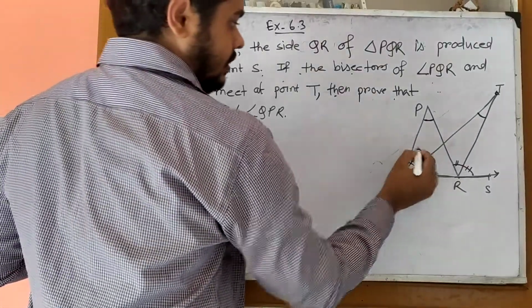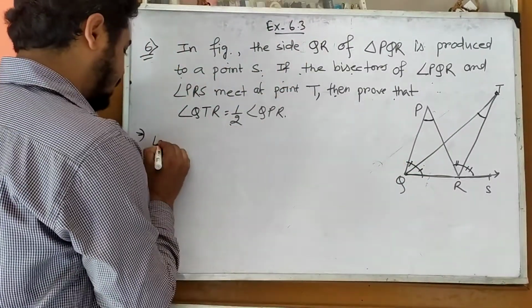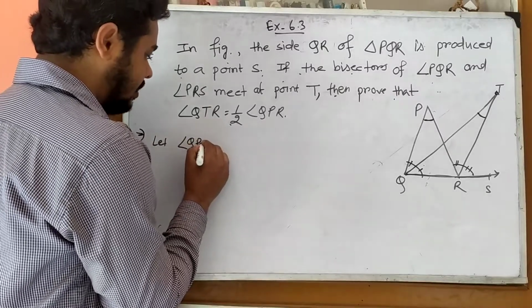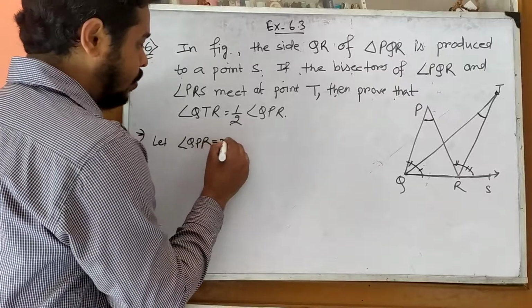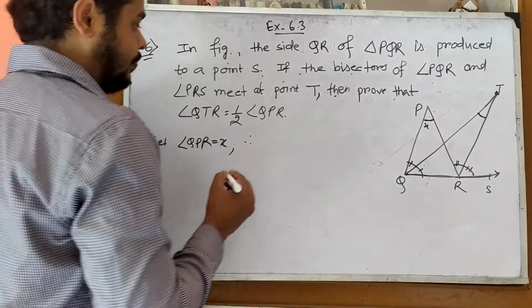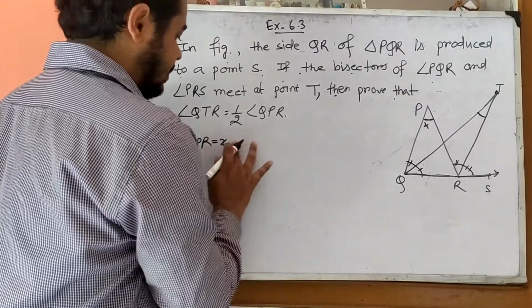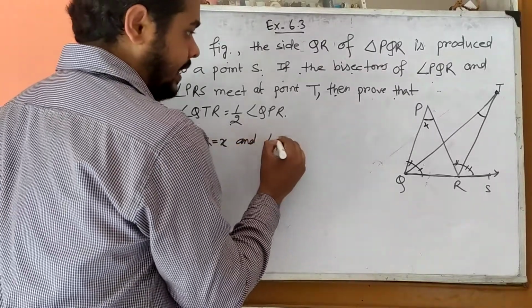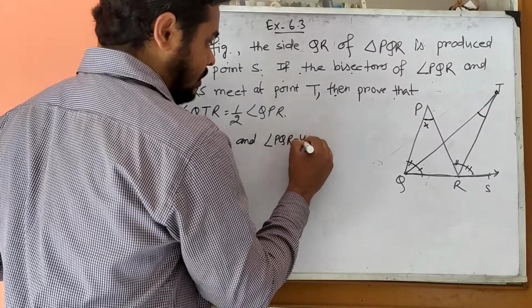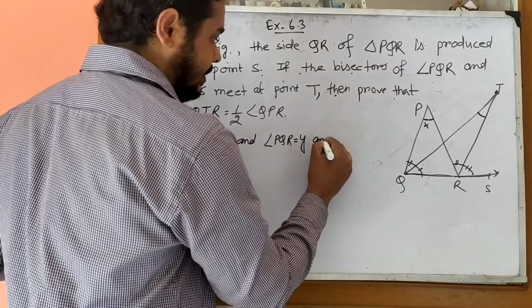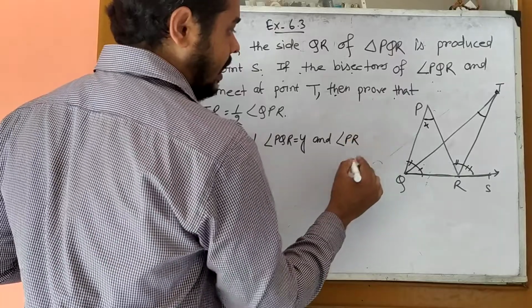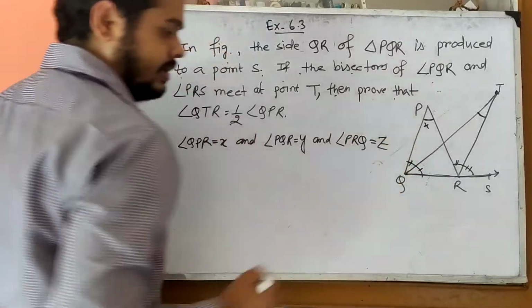Now, let angle QPR equal x. Suppose this angle is x. And let angle PQR equal y and angle PRQ equal z.